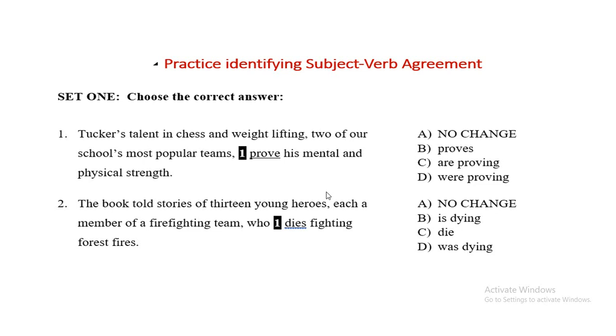So here you have 16 practice questions that you should answer before listening to the subject-verb agreement lecture. So you will answer the 16 questions, okay?